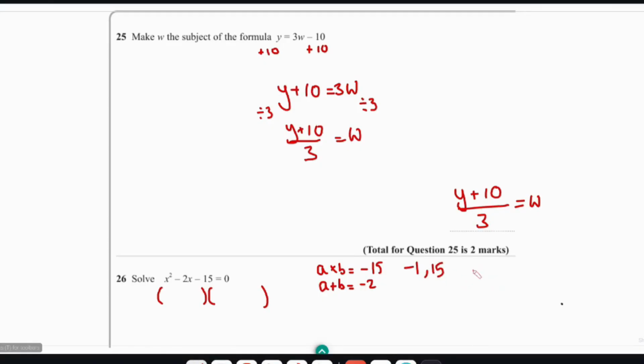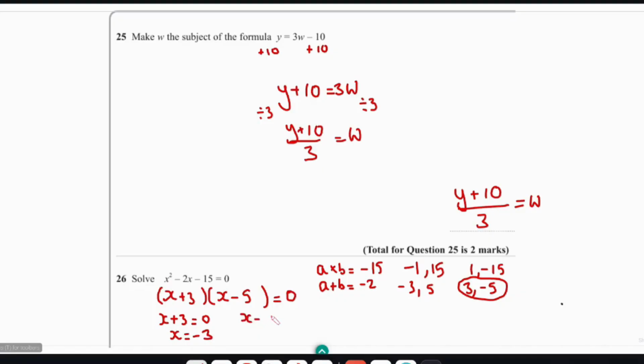So you could have these options, minus 3 times 5 is negative 15, 3 times negative 5 is negative 15, but they've also got to add to get minus 2. So it'd be this option here. So x plus 3, x minus 5. Now these two brackets multiply to give 0. So either this first bracket is equal to 0, in which case x is minus 3, or the second bracket is equal to 0, in which case add 5 to both sides, x is 5.